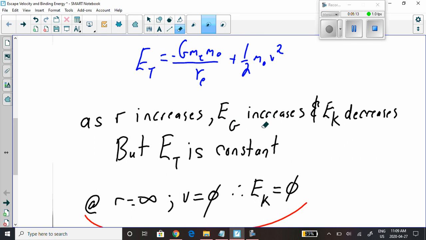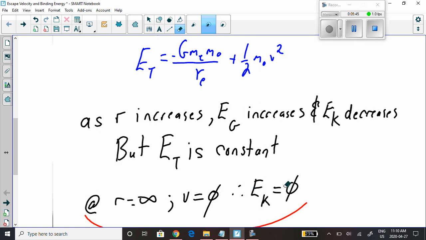So let's pretend that eventually, at some point, r equals infinity. At r equals infinity, this is what's going to happen. The kinetic energy decreases so much that if we could get to this place called mathematical infinity, its velocity would be zero, and therefore its kinetic energy would be zero.